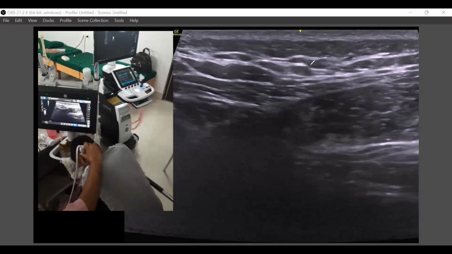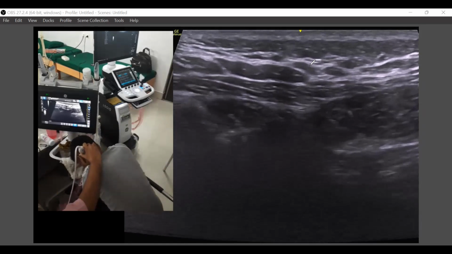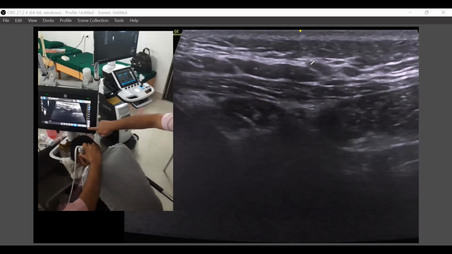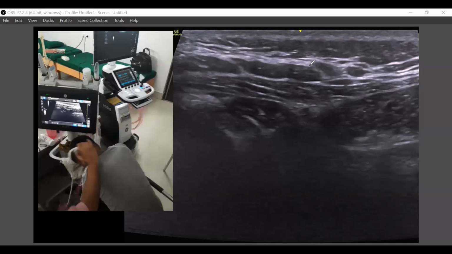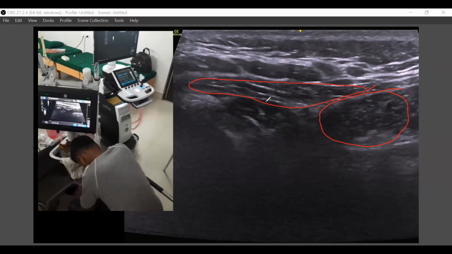If I'm going laterally, this is your splenius capitis, and below that I'm freezing. So this was your semispinalis capitis, above that the splenius capitis, and this is your longissimus capitis.